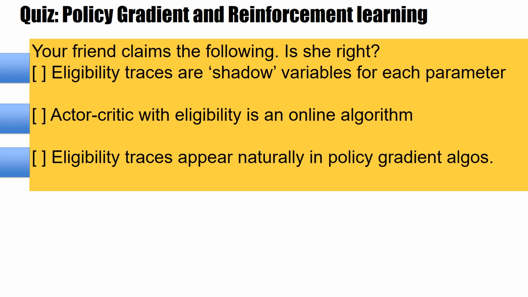Is this correct? And yes, this is correct. The actor-critic with eligibility trace is an online algorithm. Is this correct? Yes, that's correct. Final claim, eligibility traces appear naturally in policy gradient algorithms. Is this correct? Yes, this is correct, but I didn't tell you this yet.